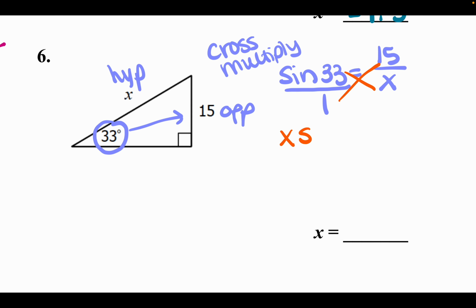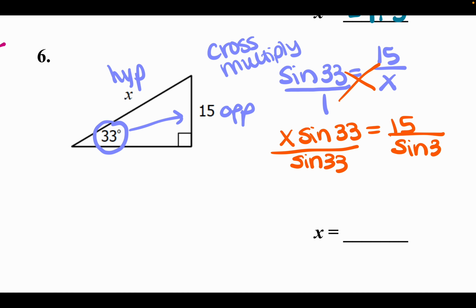So we get x sine 33 is equal to 15. Now, sine of 33, that's just like any regular old number, so we can just divide that out. Sine 33. Your sine 33's cancel. So you get x is equal to 15 divided by sine 33.